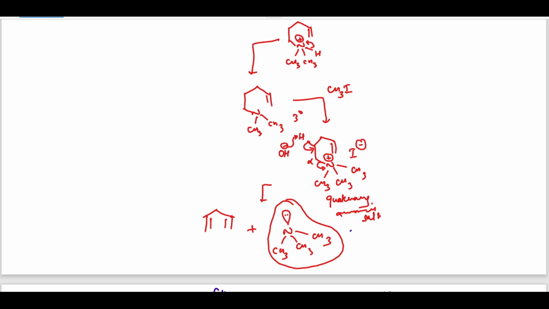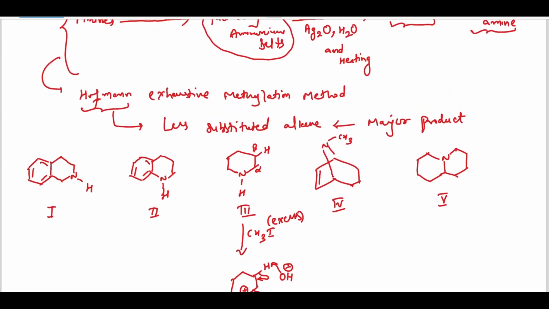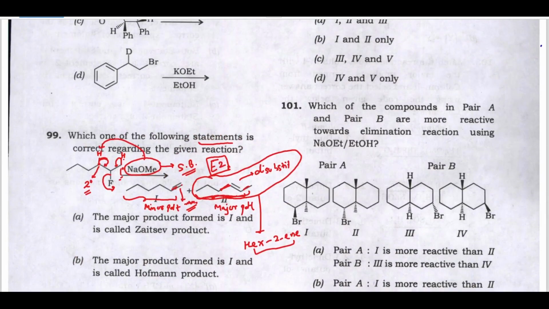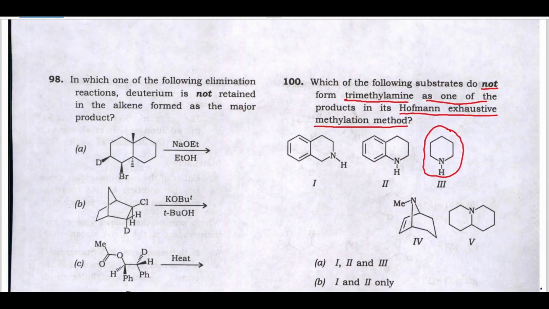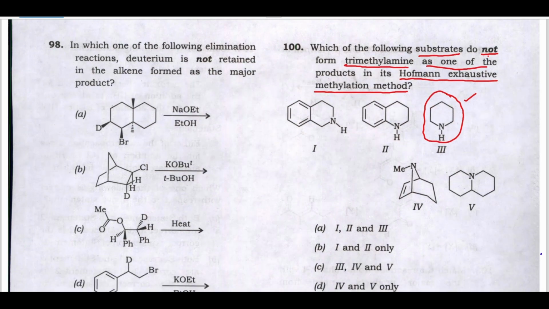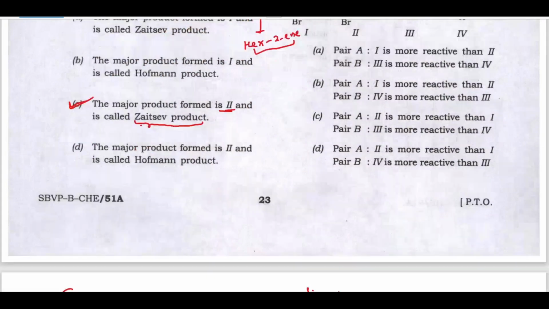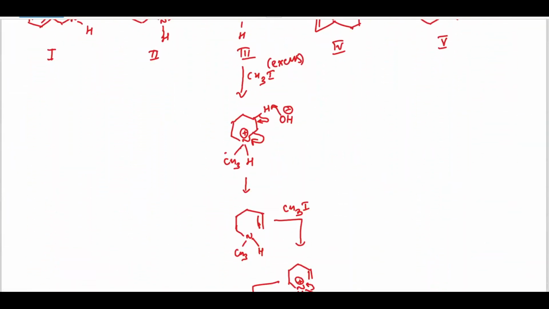So in the case of piperidine, tertiary amine is formed as one of the product and that tertiary amine is trimethylamine as one of the product is formed in the case of piperidine. Clear? But we have to answer for that substrate in which there is no formation of trimethylamine. So now we will discuss other substrates.